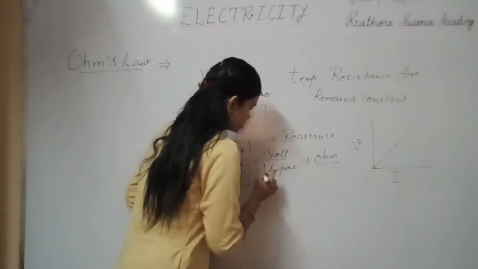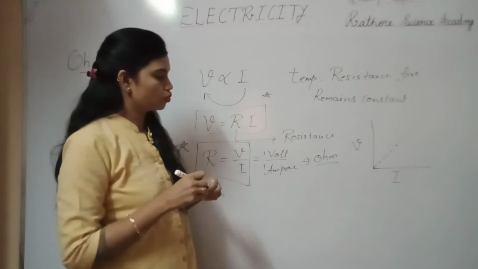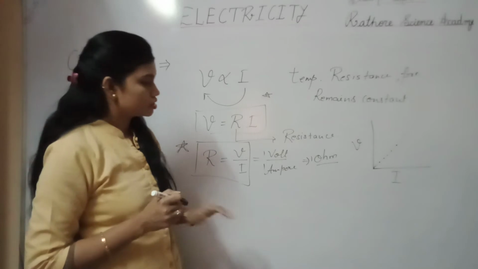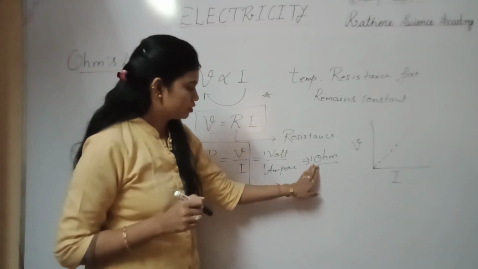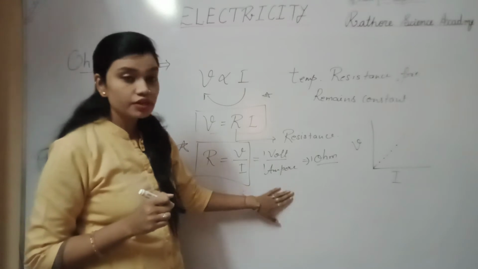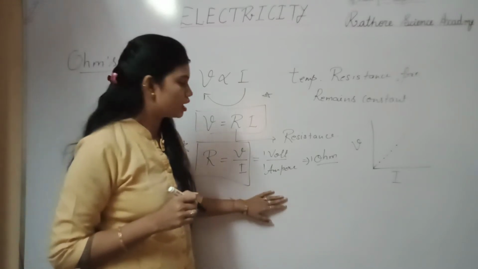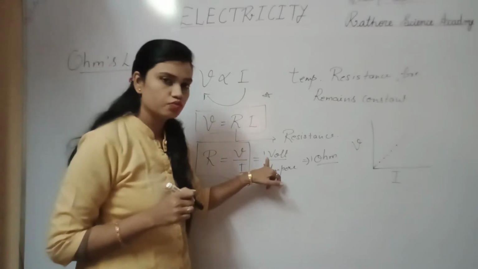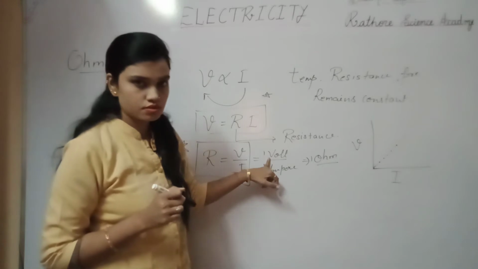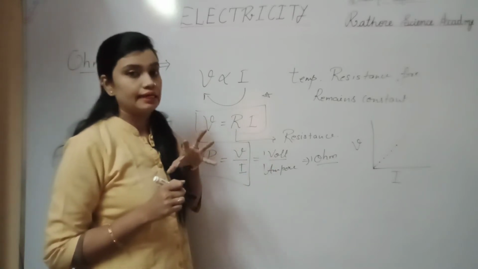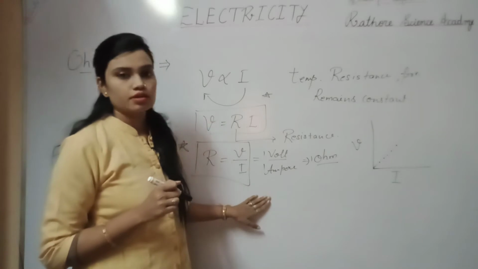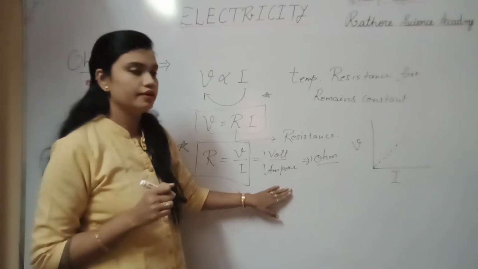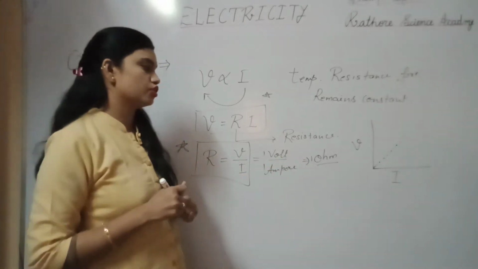You can remember it like this, everything will be 1. 1 ohm is the resistance of a conductor when the current flowing in the conductor is 1 ampere and the potential difference across its ends is 1 volt. It is the definition of 1 ohm.